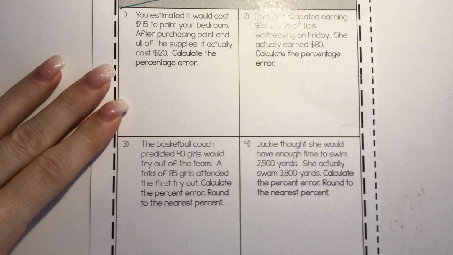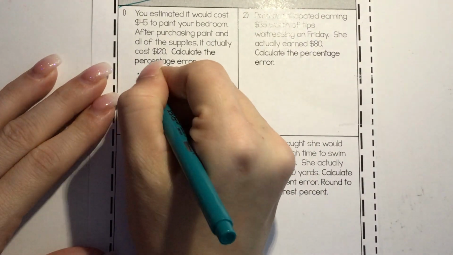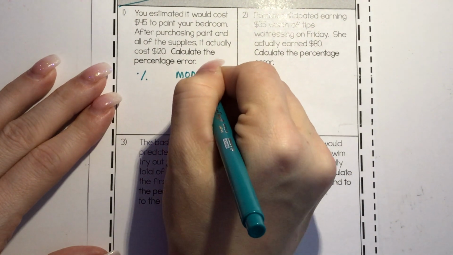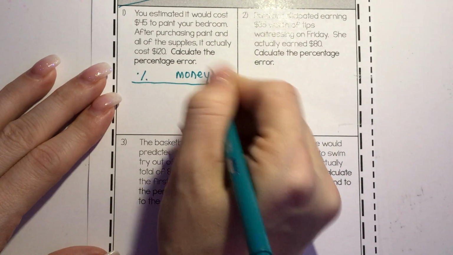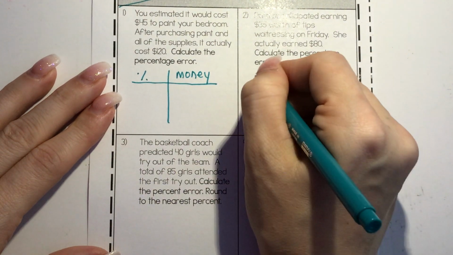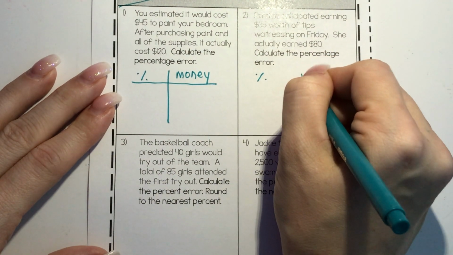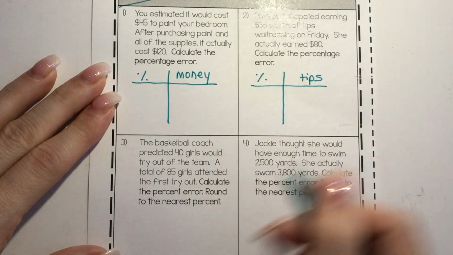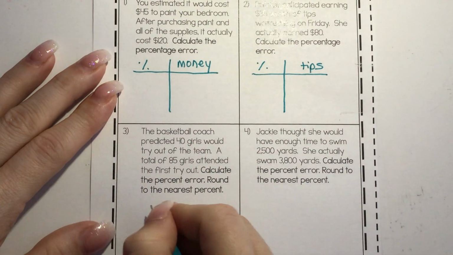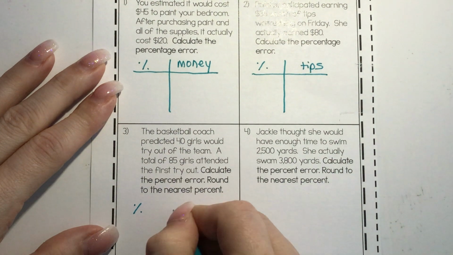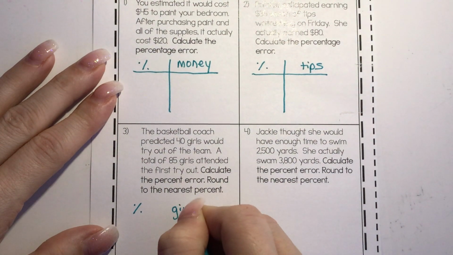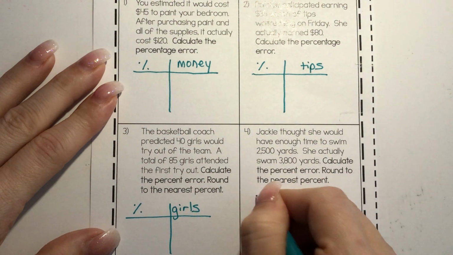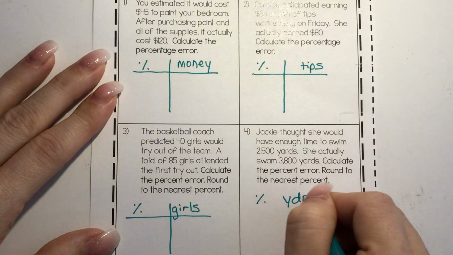All right, so your 4, I'm gonna set up for you. You've got percent and money. You've got percent and tips. The bottom, we have percent and girls that made the team. And then we have percent and yards.